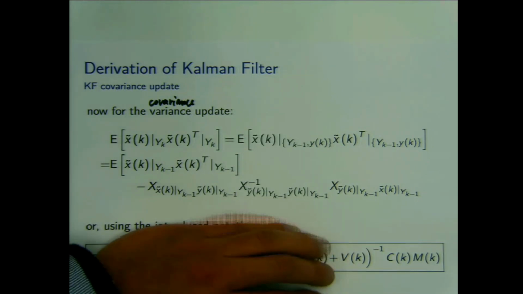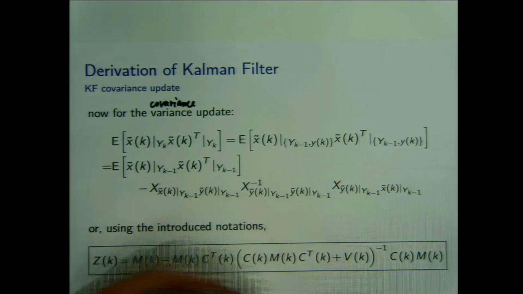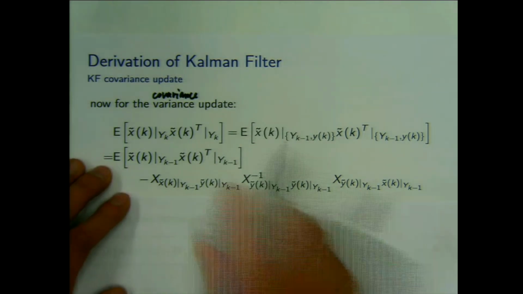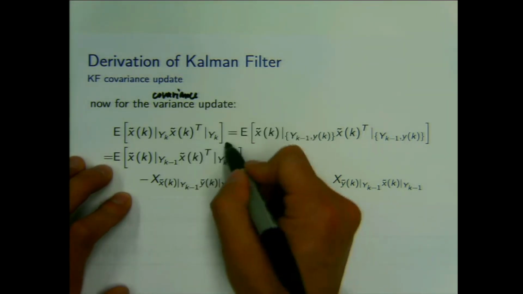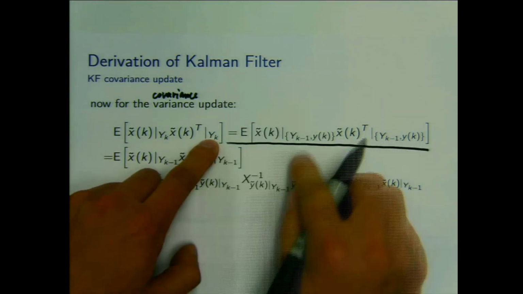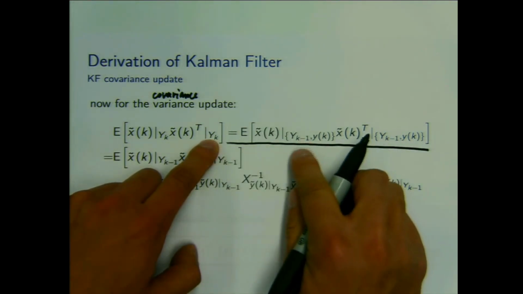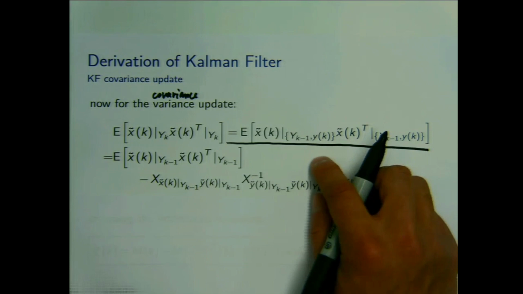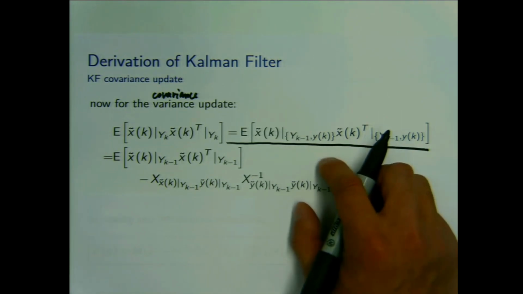This is going to use, again, property 3 of least squares estimation. First of all, this first equality is nothing but breaking yk down into two parts: the first part using the previous measurements up to k minus 1, and the second part is yk. Then I'm going to do exactly the same thing as the second equation for property 3 in least squares.